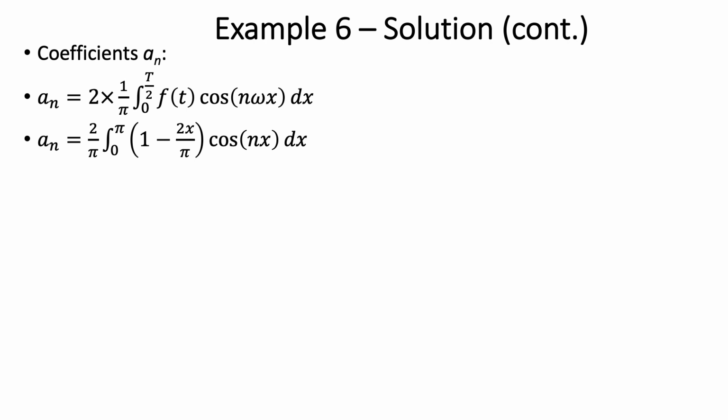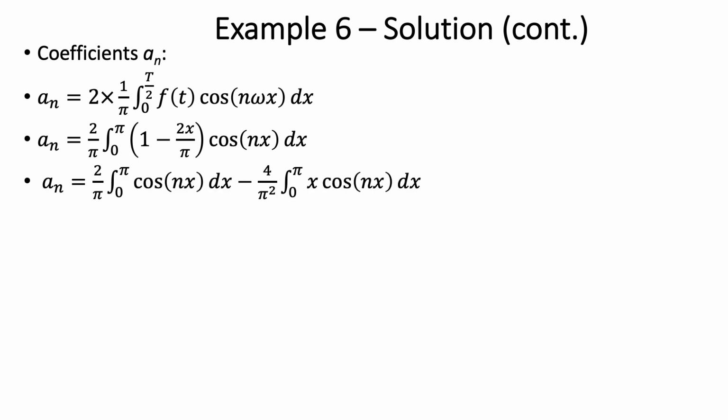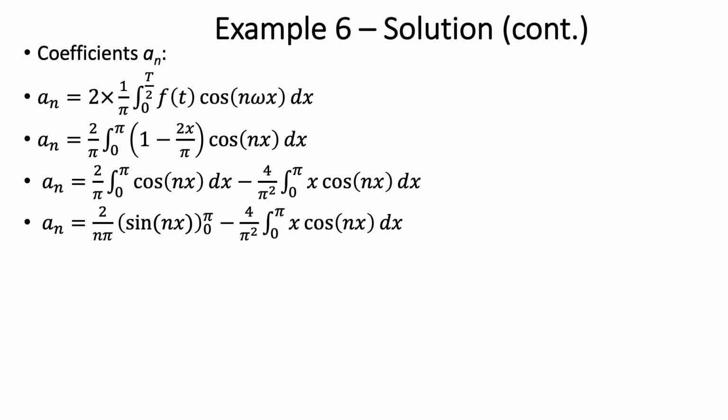We have An equals 2 over pi integral 0 to pi of 1 minus 2x over pi cos nx dx. We do the expansion. An equals 2 over pi integral 0 to pi cos nx dx minus 4 over pi squared integral 0 to pi x cos nx dx.